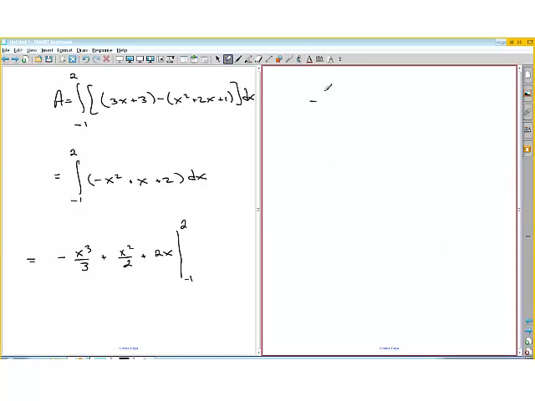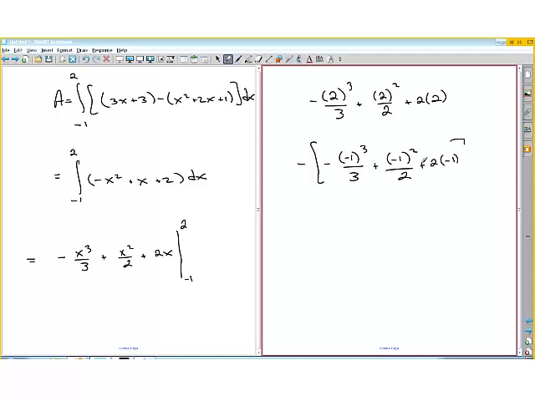So we have -2 cubed over 3 plus 2 squared over 2 plus 2 times 2, and then we subtract, evaluated at the lower limit, which is -1 cubed over 3 plus -1 squared over 2 plus 2 times -1. So the first term becomes -8 thirds. The second term becomes plus 4 halves plus 4. So that's the first three terms.